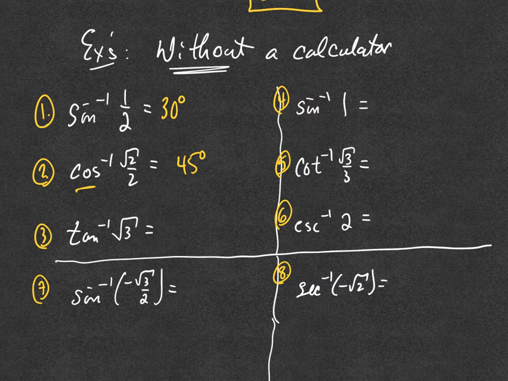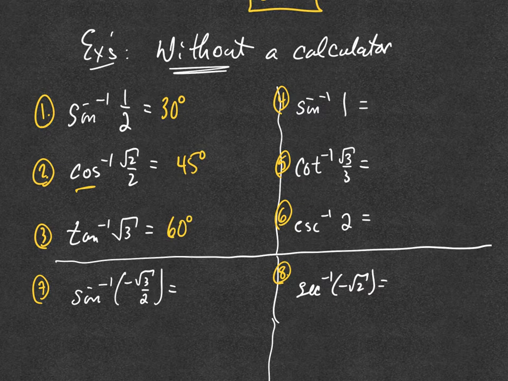Right? The inverse tangent of the square root of 3, what that tells you to do is find the angle whose tangent is the square root of 3. So this time we go under the tangent column until we get to the square root of 3, go across to the angle, and you'll find 60 degrees.